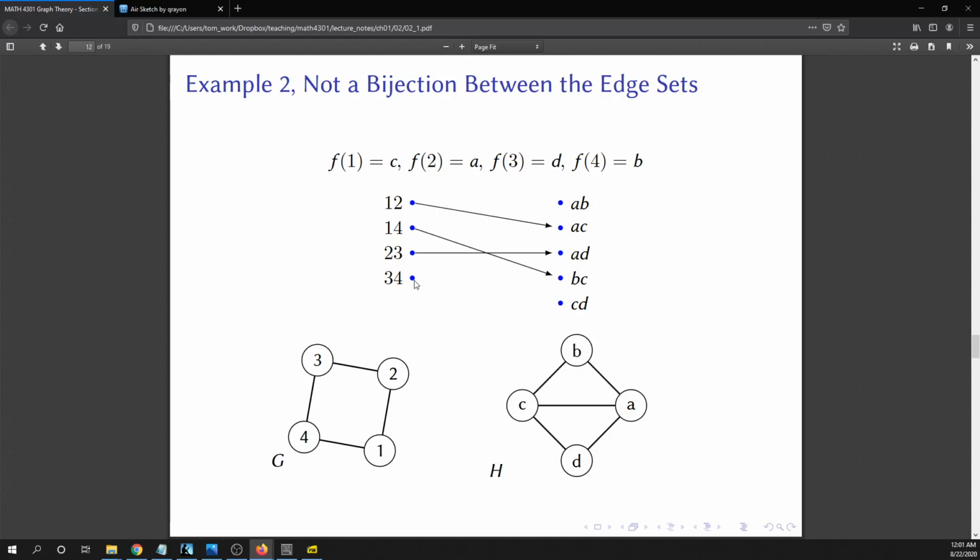Not only that, there's some things over here that don't get mapped onto. AB and CD do not get mapped onto. So let's take a look at that. The edge AB: A and B are adjacent over here, but when you look at what gets sent onto A and B, A would be 2 and B would be 4. So 2, 4 are not adjacent over here.